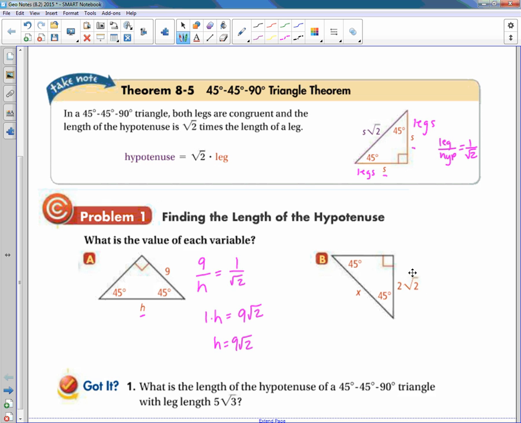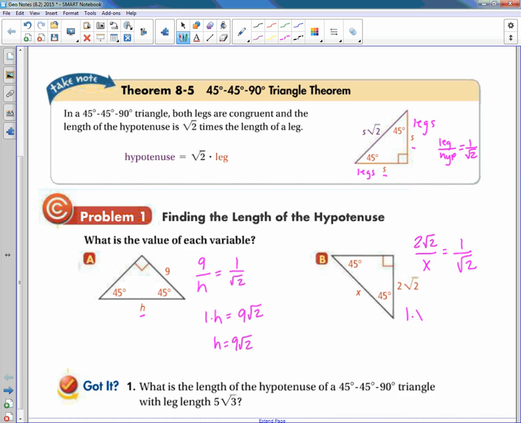We'll do the same thing over here, and again, x is the hypotenuse, so I'll say leg, which is 2 times the square root of 2, over the hypotenuse, which is x. Then I'll use my ratio here, leg over hypotenuse, so that's 1 over the square root of 2, and then I'll cross multiply.